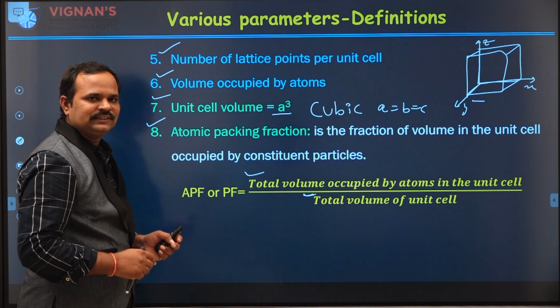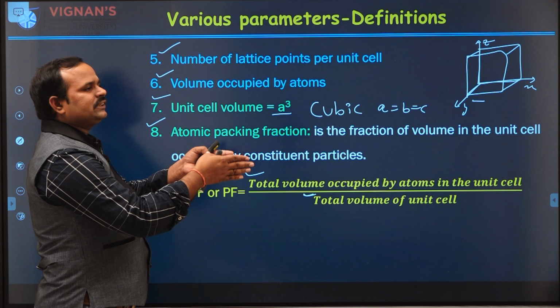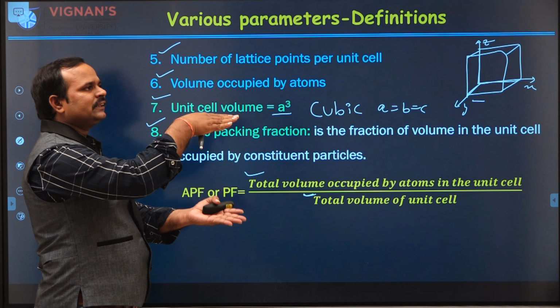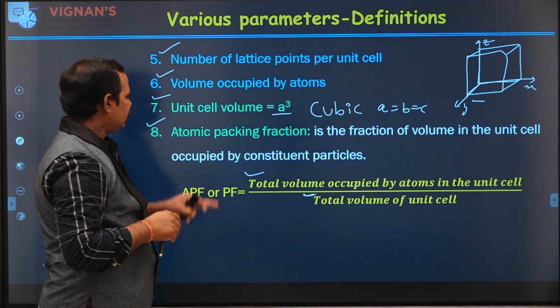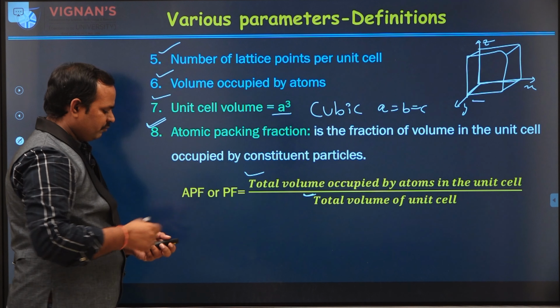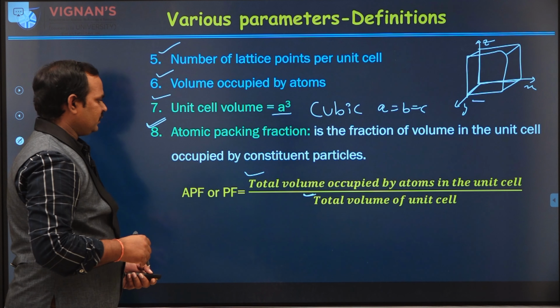It tells us: out of the volume of the unit cell, how much is occupied by atoms. That is the atomic packing fraction. This is very, very important, even for exam purposes.